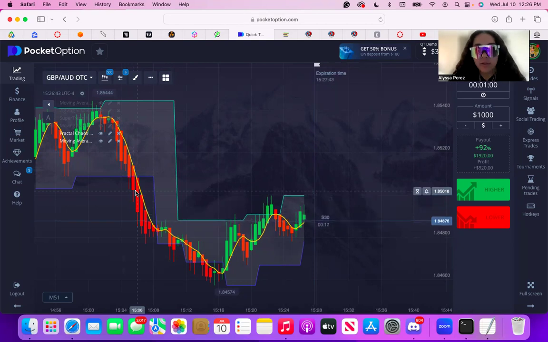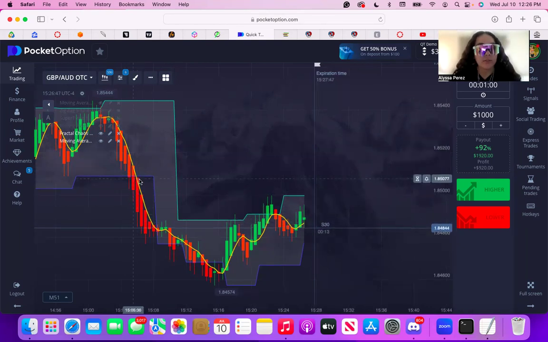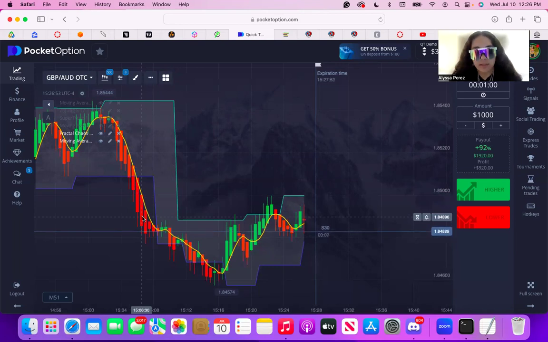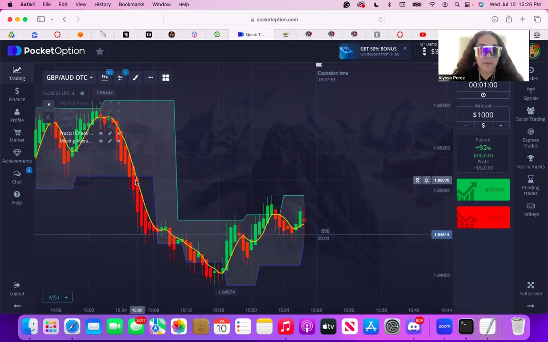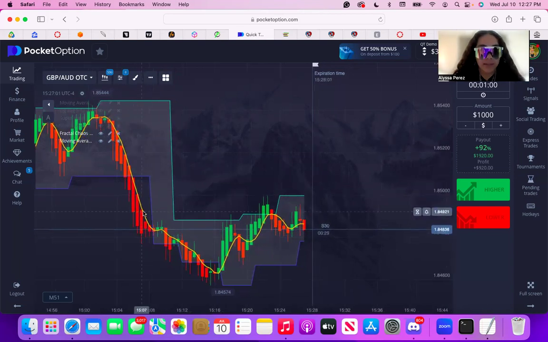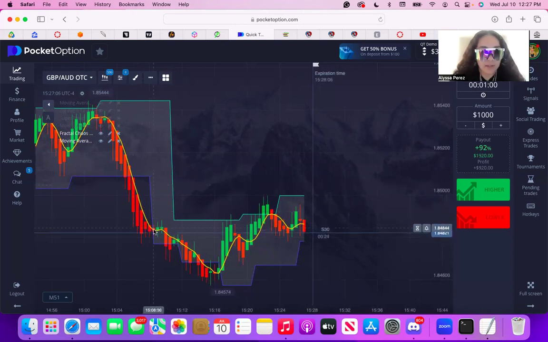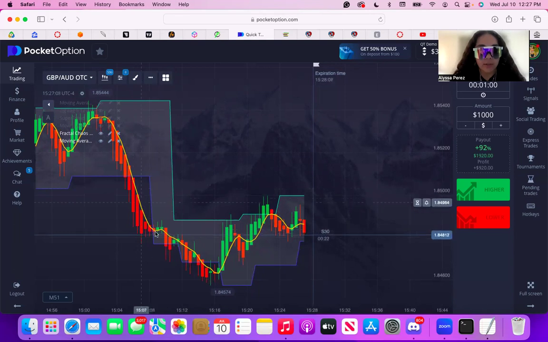And sometimes if you want that extra confirmation, you could wait for those two full candlesticks to be out and then hit your trade. Like I said, these are 30-second candlesticks. So if you would have hit up on this one, you would have hit your trade about here. And if you would have entered up on this one, then you would have hit your trade here, but you still would have been lower coming down on that minute.